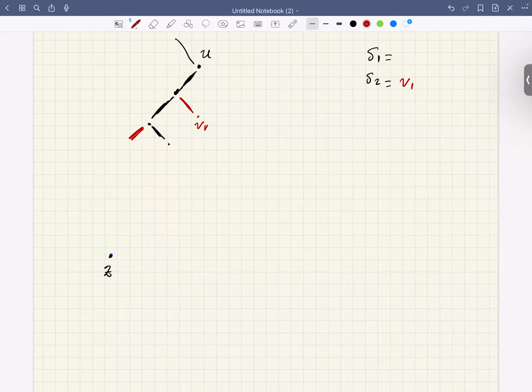The black path leads from U to Z. Remember that, right? So I go down this path, and every time I make a right turn, I will include the left sibling into S1. Why am I using V5 here? Well, because I have an example in my lecture notes. I want to be consistent. Okay, and so on and so forth.